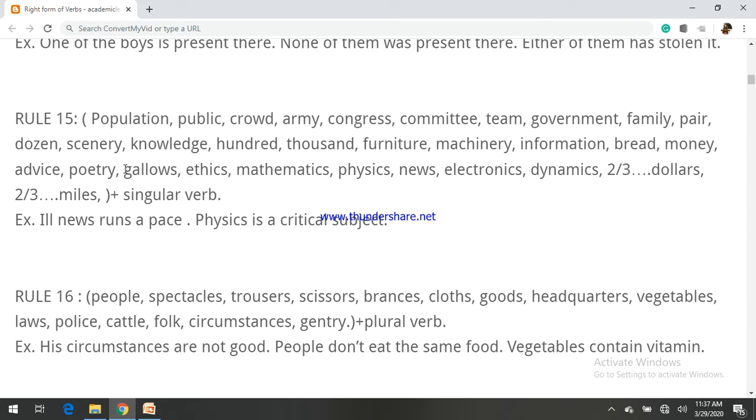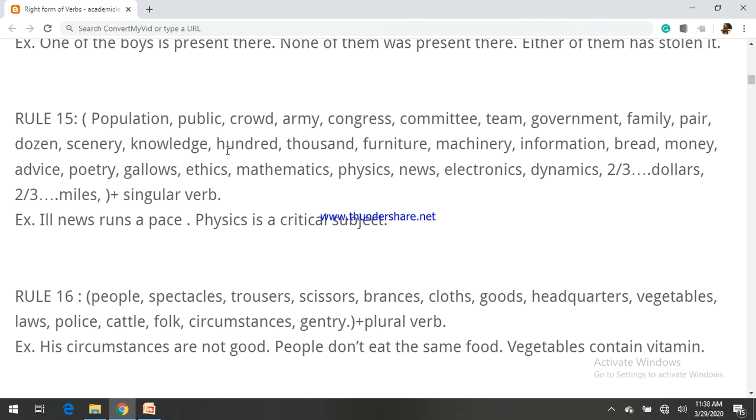You have to add a singular verb after these words: population, public, crowd, army, congress, committee, team, government, family, pair, dozen, scenery, knowledge, 100, 1000, furniture, machinery, information, bread, money, advice, poetry, gallows, ethics, mathematics, physics, news, electronics, dynamics, $2 or $3, 2 or 3 miles, plus singular verb.